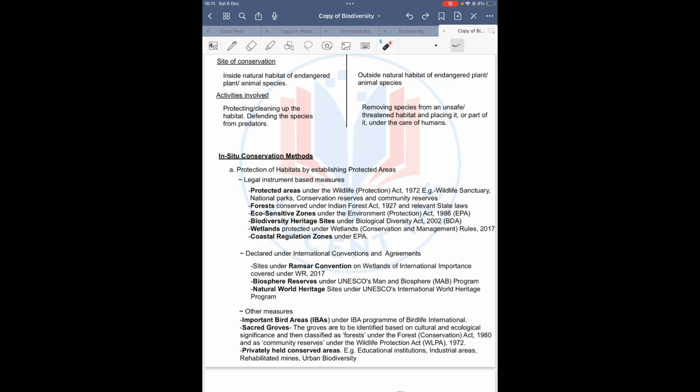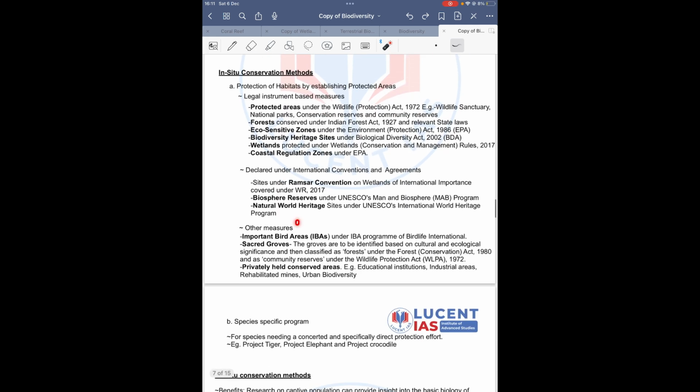So few are declared under international convention and agreements. So what are those? Wetlands under Ramsar Convention, Biosphere Reserves under UNESCO's Man and Biosphere Program, then Natural World Heritage Sites under UNESCO's International World Heritage Program. Clear? Next up we have some other measures like important bird areas under BirdLife International, sacred groves, which is seen in Meghalaya.